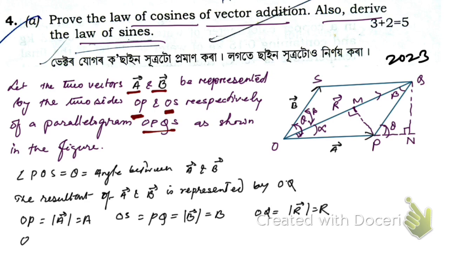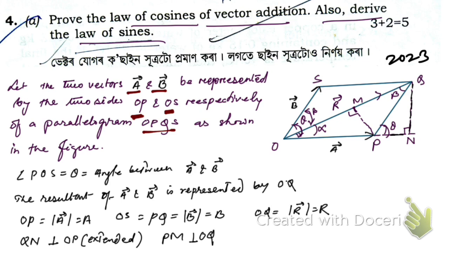So here QN is perpendicular on extended OP extended, okay, and this QN, this one here you can see. Then PM is also perpendicular to OQ, diagonal OQ, right?